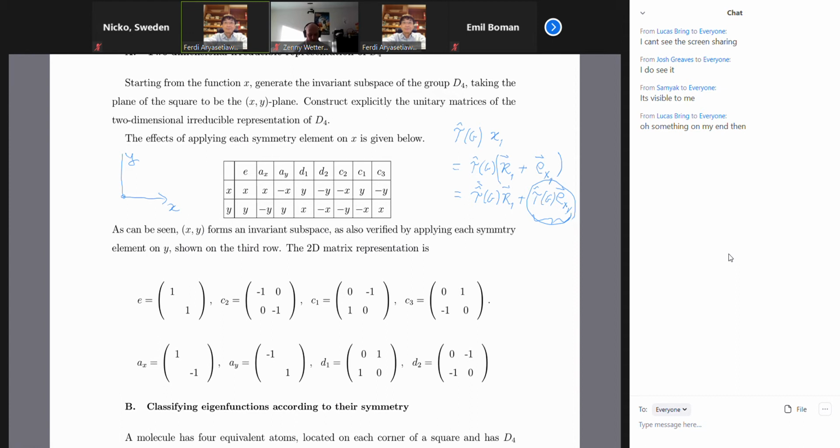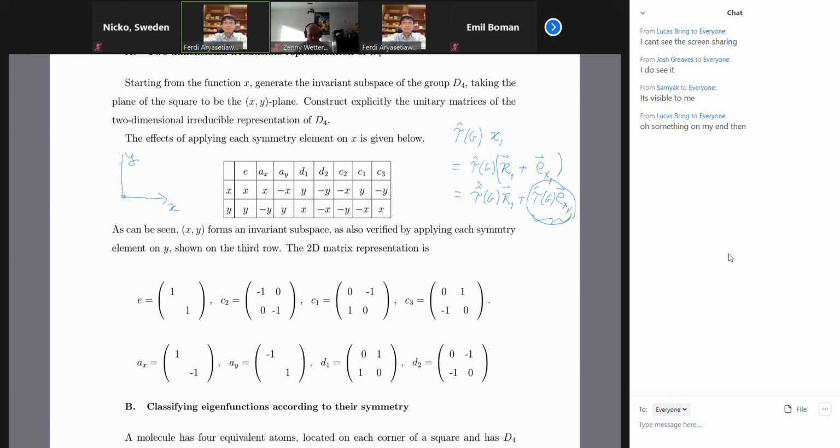So when looking at the effect of the symmetry operations on the local coordinates, it's easy to do because I just figure out where the atom goes.